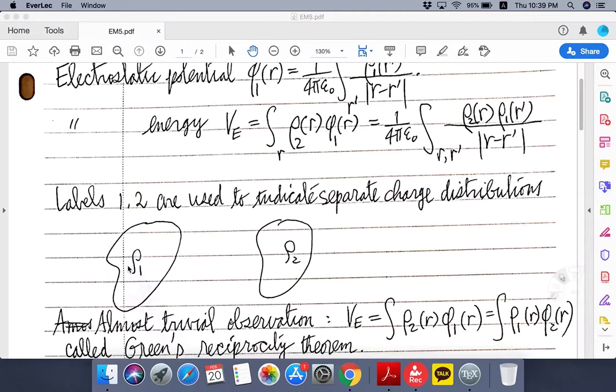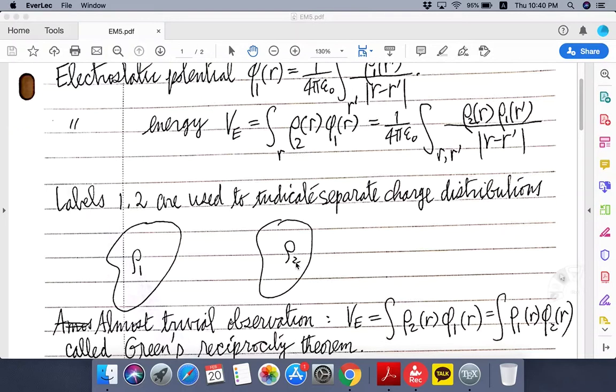Okay, so this rho 1 distribution creates some sort of electrostatic potential around it, and that affects the charges residing over on this side and gives rise to some energy felt by the charges over here.